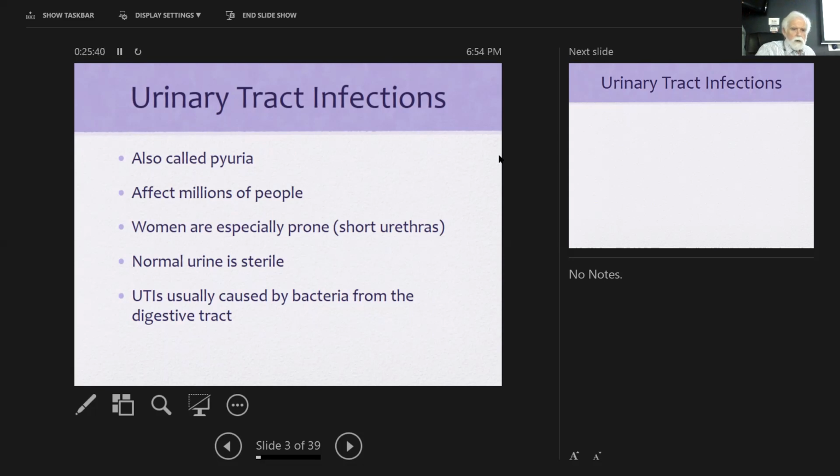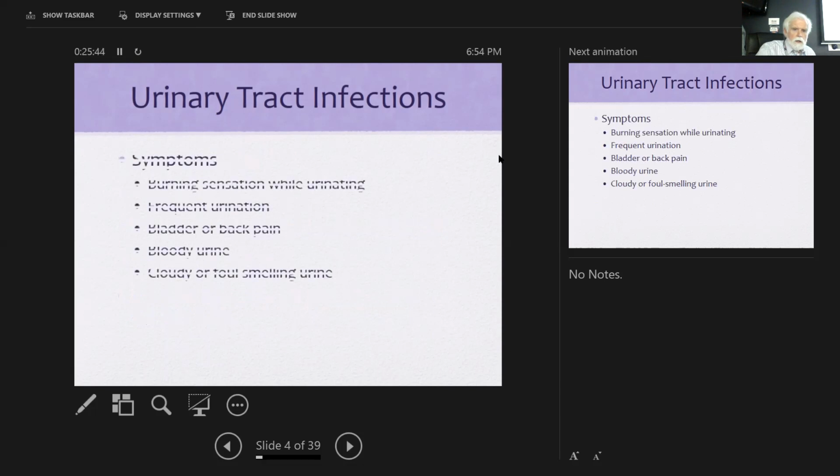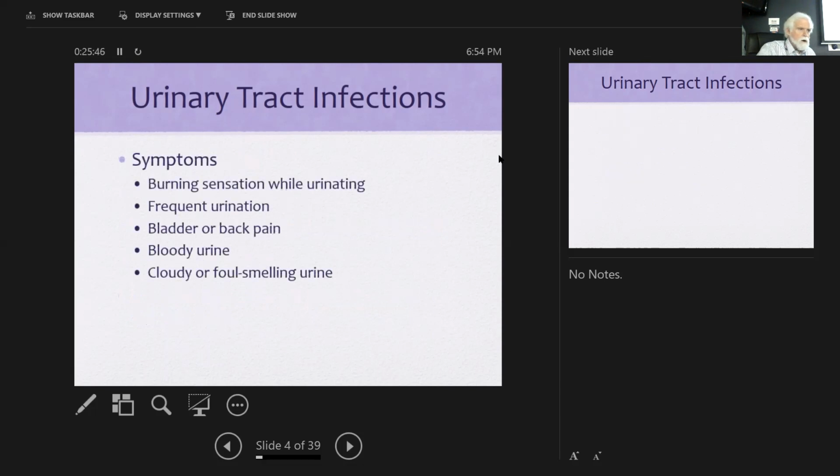UTIs are very common. The symptoms are pain on urination, often frequent urination, and other pains that you can have.